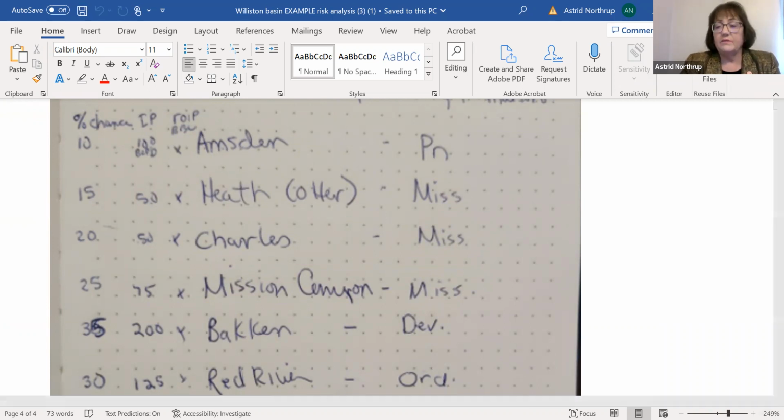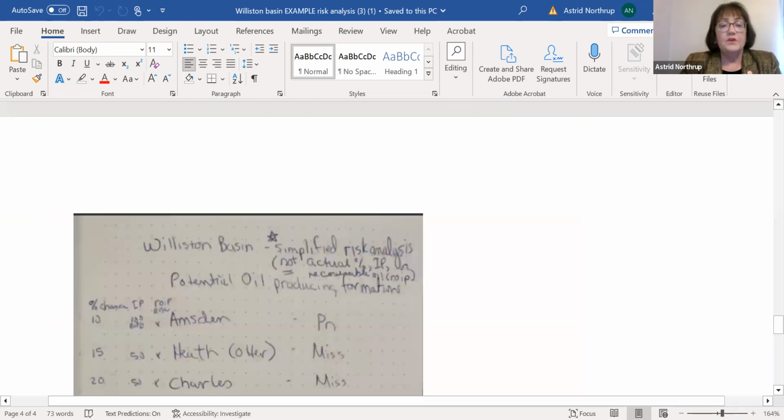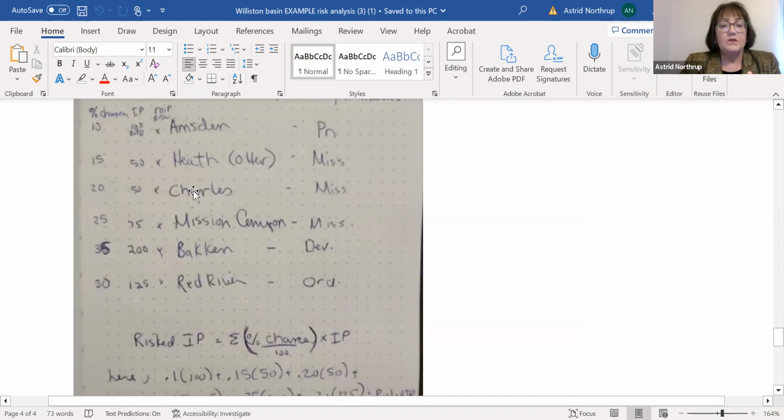But in my theoretical simplified oil well, we have a potential of hitting 1, 2, 3, 4, 5, 6 formations. We have a 10% chance of hitting Amsden, a 15% chance of hitting the Heath or the Otter, 20% of the Charles, 25% Mission Canyon, 35% Bakken, and 30% chance of hitting oil in the Red River.